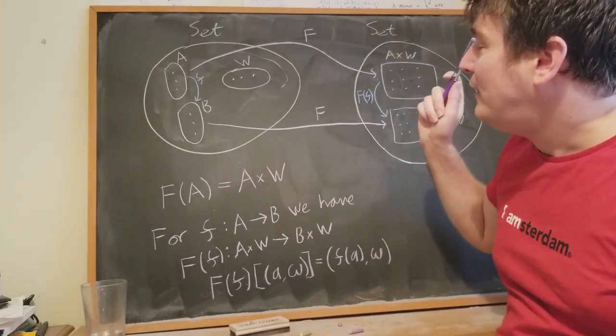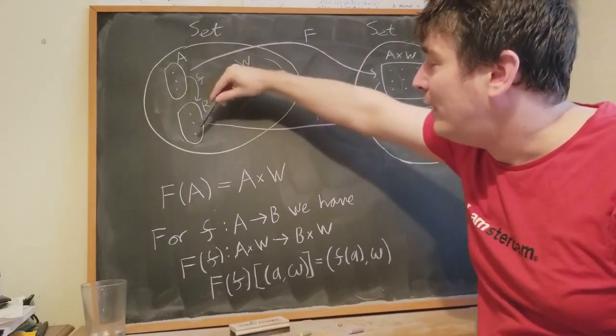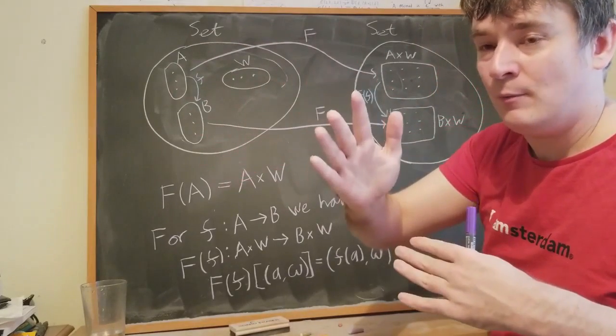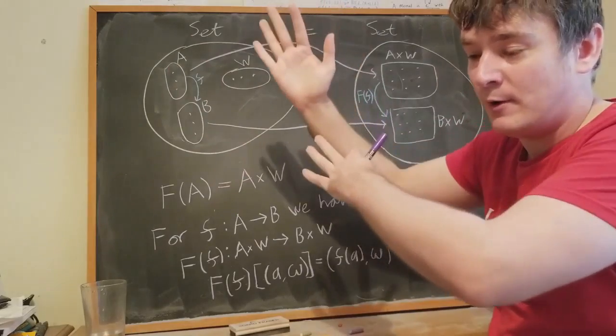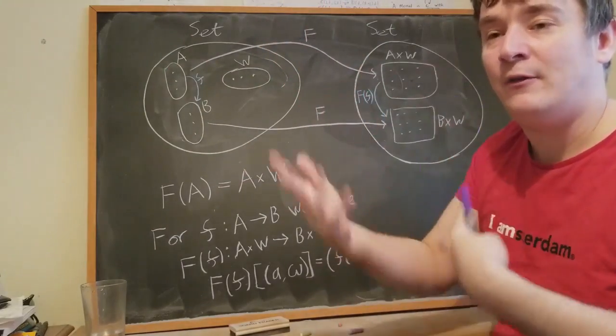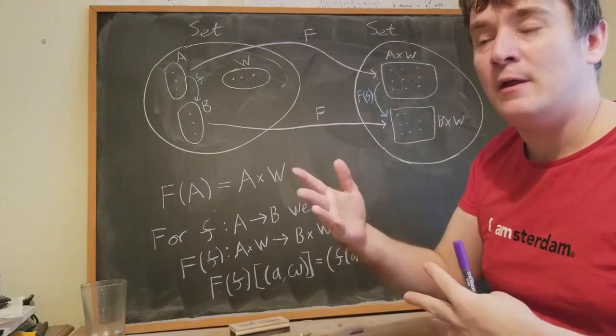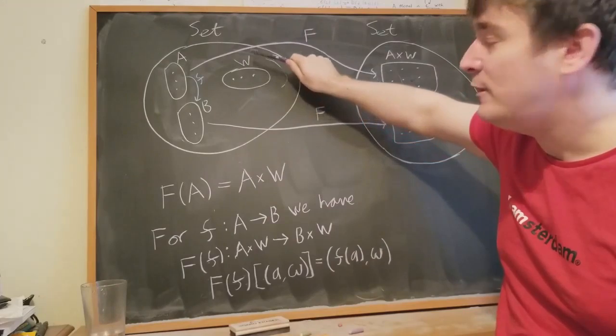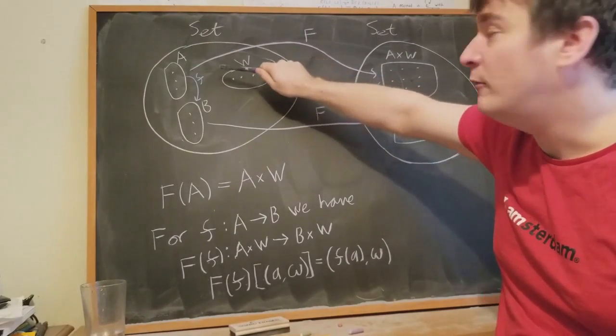Basically what we have are all these sets, and different functions between them, and we want to lift all those goings on into a new setting where all of those sets that we're playing around with have been Cartesian producted with this W. This is another set.